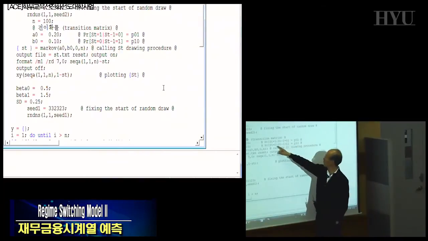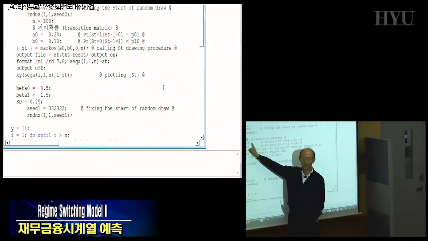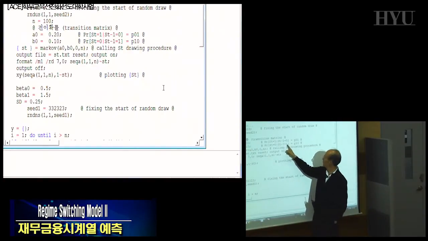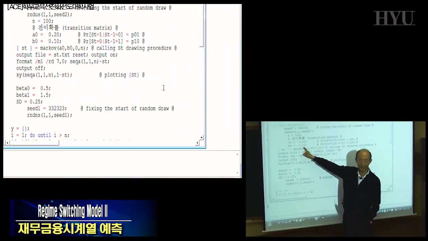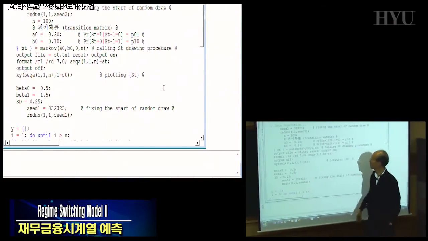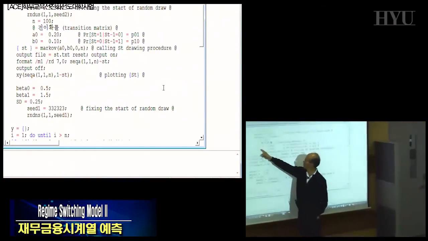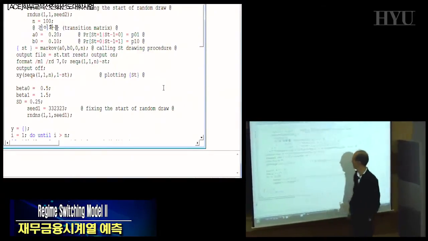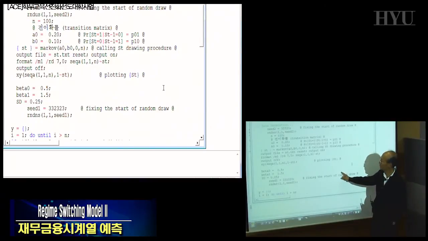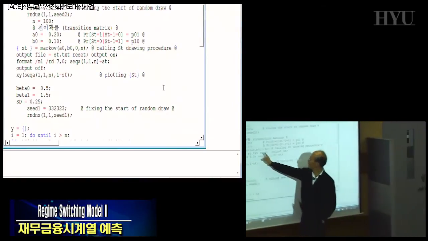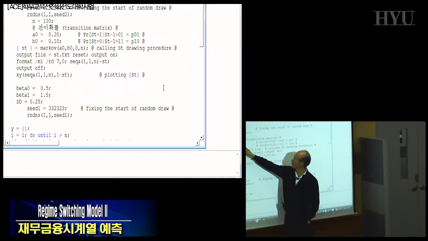So the probability of the state being 0 when the previous state was 0 is 80%, and staying in state 1, you have 90%, right? So we set these two parameters and the number of observations, and then you plug in these two numbers.